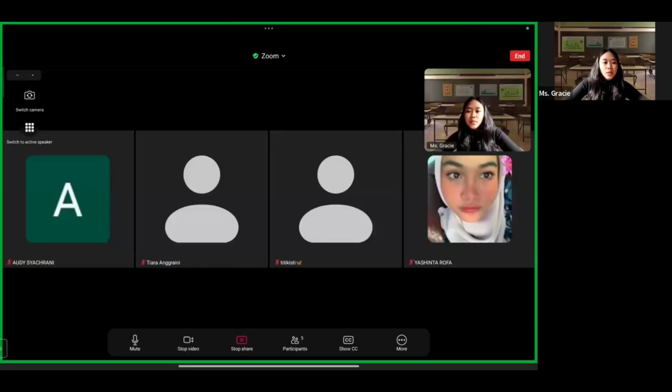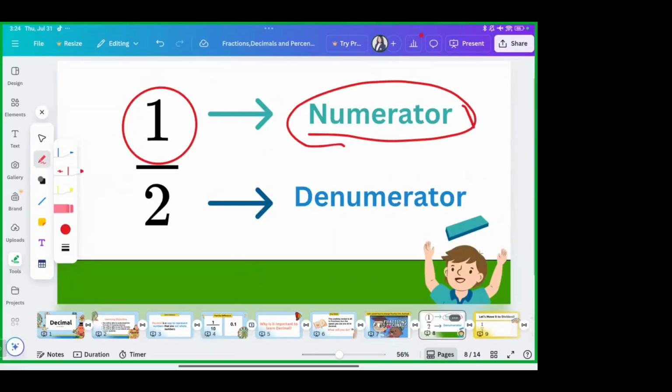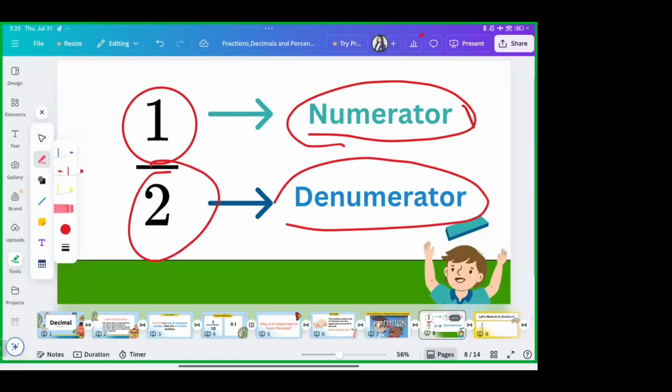In a fraction, this top number is called the numerator, and the bottom is called the denominator. Please remember these terms because they are really important. So far, can you get it?